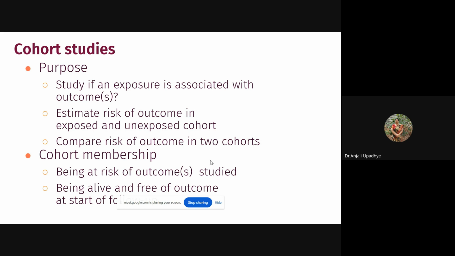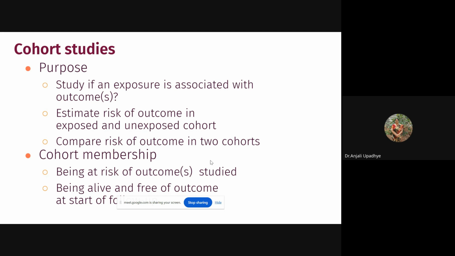This may lead to our cohort study. Estimate the risk of the outcome in the exposed and unexposed cohort. Same thing I have told you. A group of people totally sitting in an AC using the sunscreen, and what is the effect of it? And a group of people totally in the sun, and what is the effect of the sunscreen? Total cohort study.